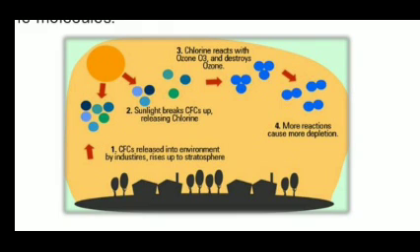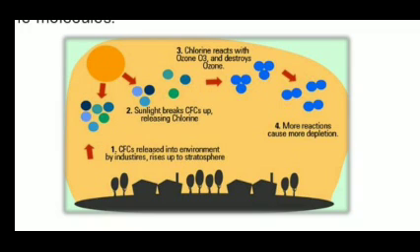See here, when the CFC enters the stratosphere, it forms chlorine. This thick blue chlorine atom reacts with ozone. These three ozone molecules react with the chlorine atom, then form chlorine monoxide.